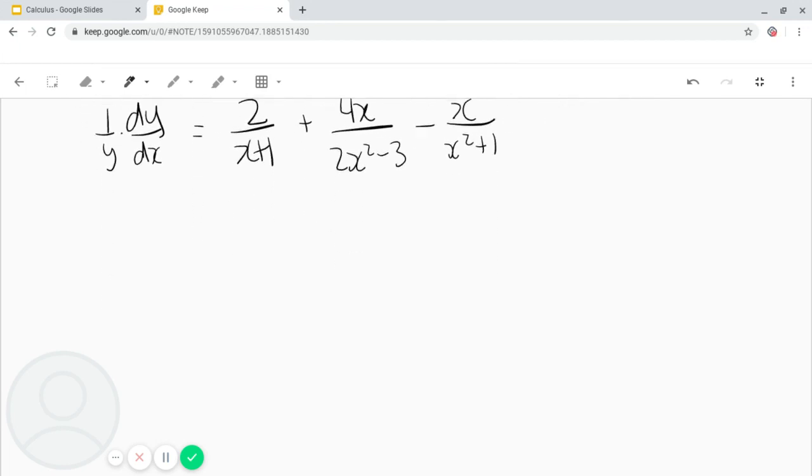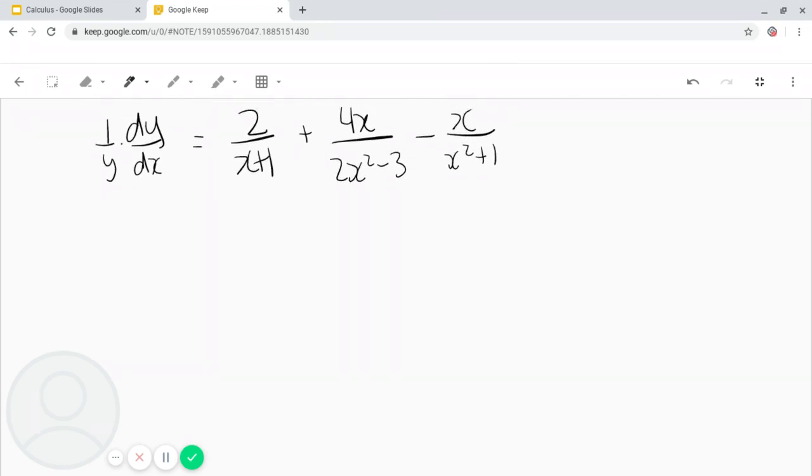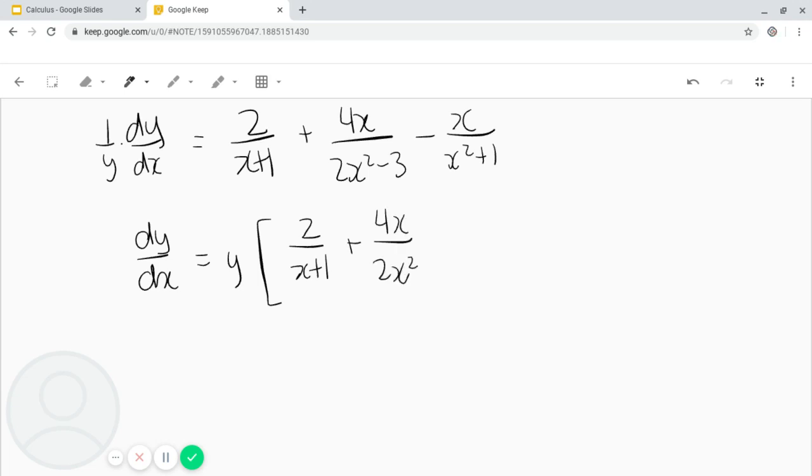Then we isolate for dy over dx. So dy over dx equals y times all of that: 2 over x plus 1 plus 4x over 2x squared minus 3 minus x over x squared plus 1.